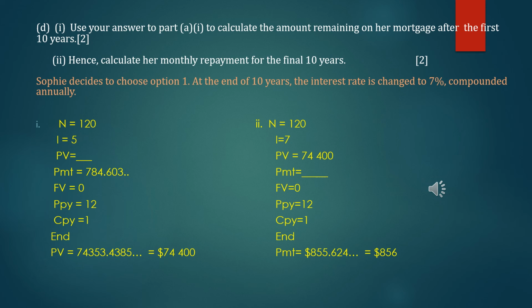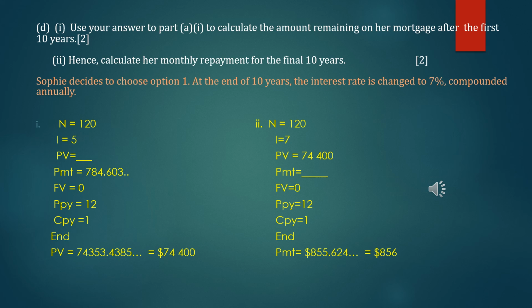Use your answer to part A1 to calculate the amount remaining on her mortgage after the first 10 years. So in A1, we're looking for the PMT, so you can use the same screen where we will have already an entry for our PMT. But in this part, we're going to find the remaining amount to be paid, which is the PV.